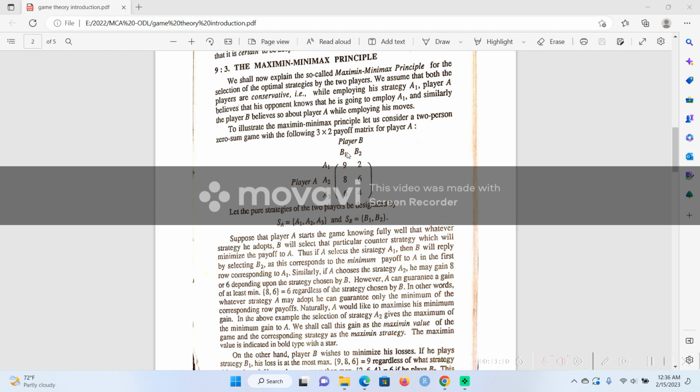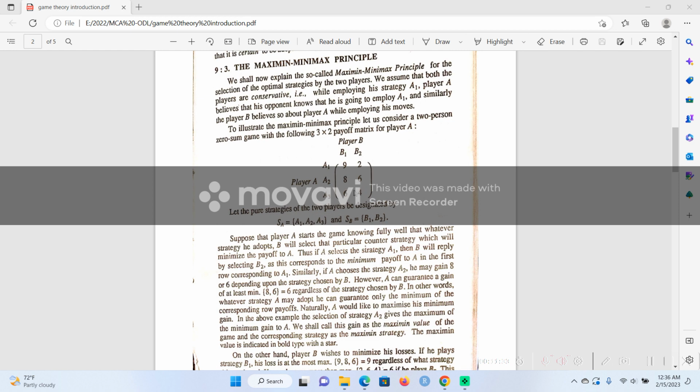So player B will want to minimize his loss. So here, in a row, we have to choose the minimum. In the next problem we will discuss all those things.